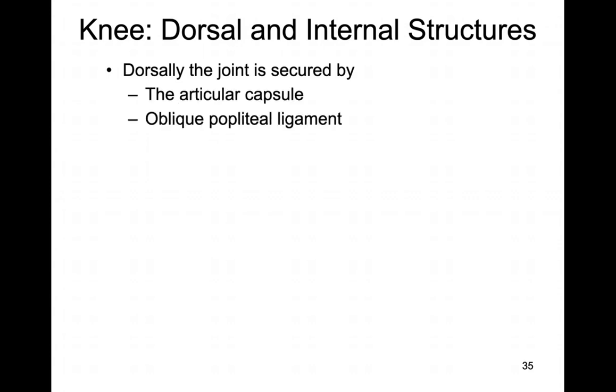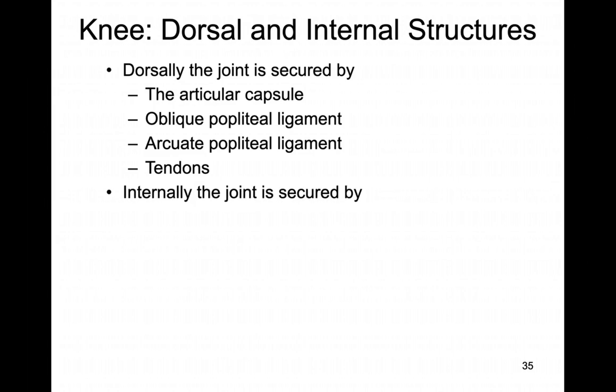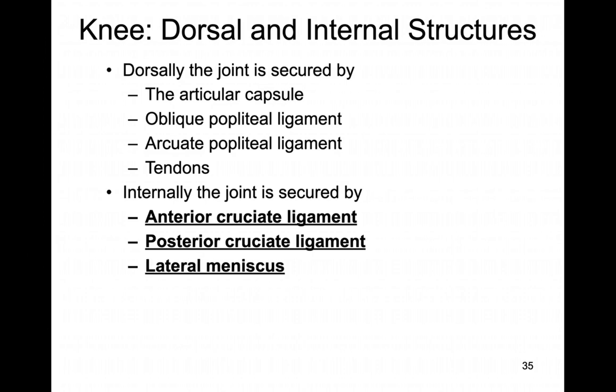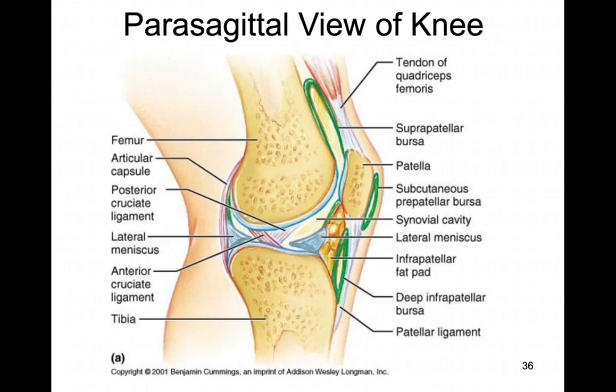So on the inside, it's also going to be secured by the articular capsule, the oblique popliteal ligament, the arcuate popliteal ligament, other tendons. Internally, you've got the anterior and posterior cruciate ligaments, the lateral meniscus, and the medial meniscus. So this is a parasagittal view of the knee.